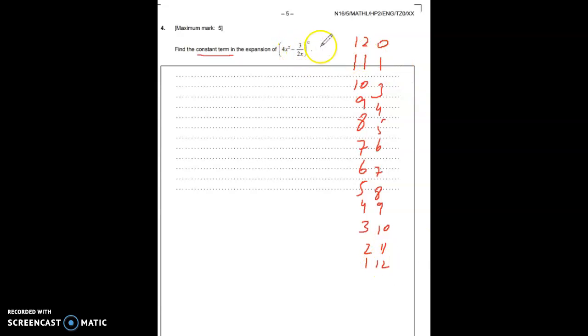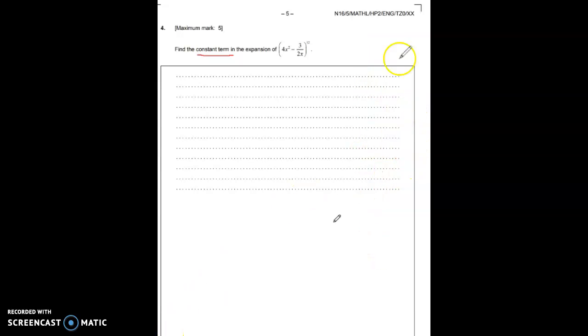Here this is x squared and here this is x only. So 12c0 we're definitely not going to get here, and then not here. It's 0, 1.